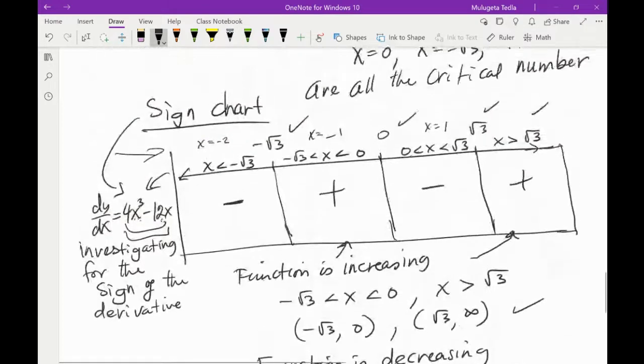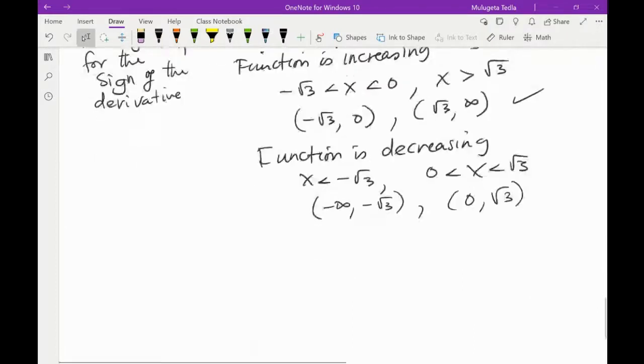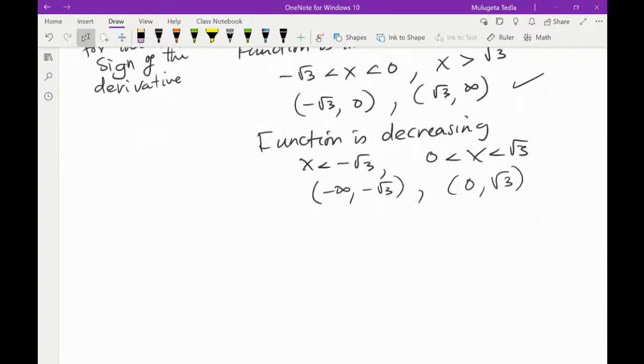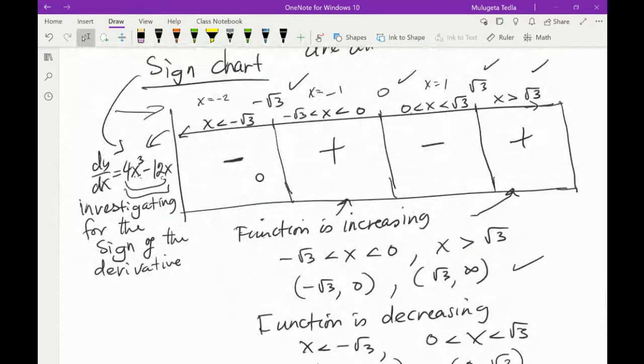All right. We finished the job of increasing, decreasing. Now the question is, where is the maximum, minimum? Let's investigate. The chart is everything. This is going down and this is going up, so obviously at this point it's a minimum. This is going down, this is going up, obviously this is a minimum.